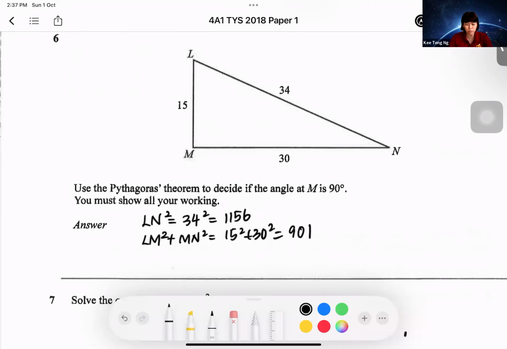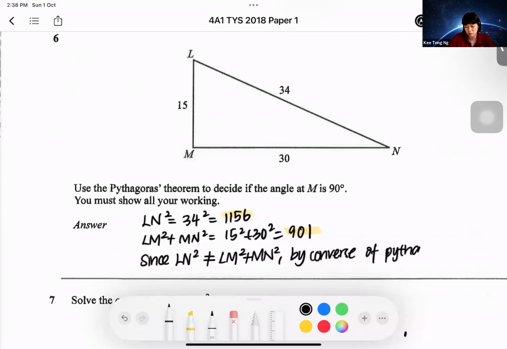901. The two numbers over here are not the same. So this number and this number are not the same. Then how do we write that they are not equal? We use the equal sign, then we slash it. So since LM square does not equal LN square plus NM square, by converse of Pythagoras theorem, triangle LMN is not a right angle triangle.